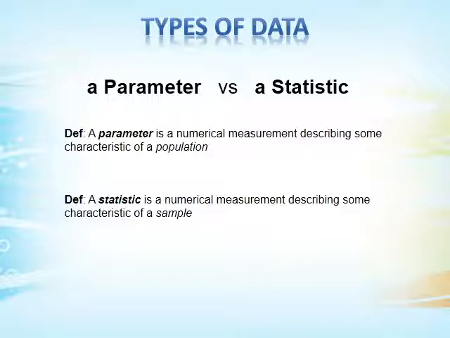So a parameter is that measurement describing the characteristic of the entire population, and a statistic is some numerical measurement describing some characteristic of a sample that comes from a larger population. So a sample is just a small part of the larger population, and when we talk about a statistic, we're talking about some numerical measurement of that smaller sample.